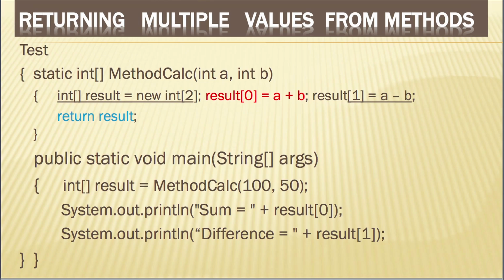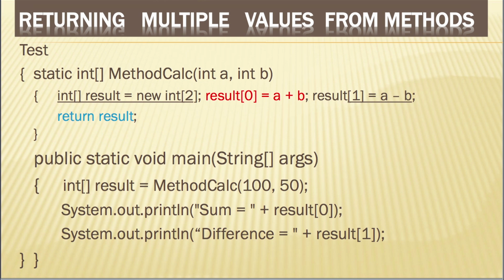In the 0 position we are storing the sum of a and b. However, in position 1 of the result variable we are putting a minus b, means the difference of a and b. The sum goes at the 0 position.